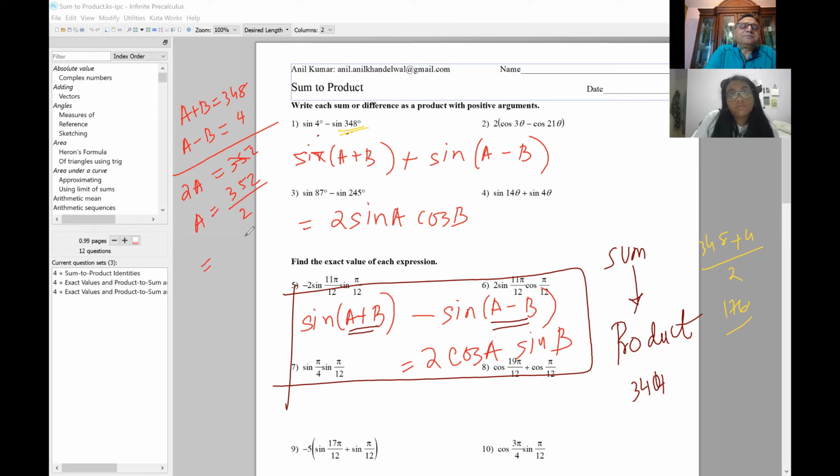Which I was trying to show you here: add them, divide by 2 to get your number. So now let me erase all this. You understood the concept, correct?